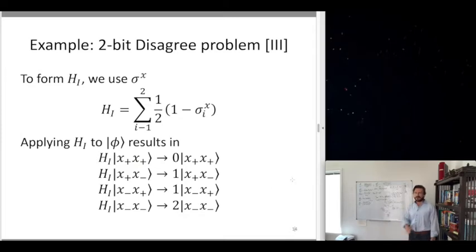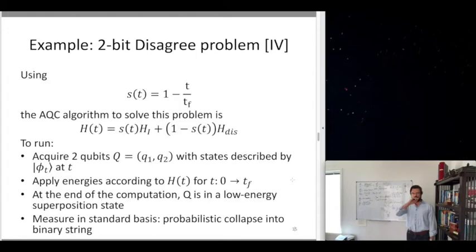If you do the calculation, it gives you 0 for x plus plus, 1 for x plus and minus, and 1 for x minus and x plus, of course, and for both negative, it gives you a 2. So that's the initial Hamiltonian that we kick our system off with.